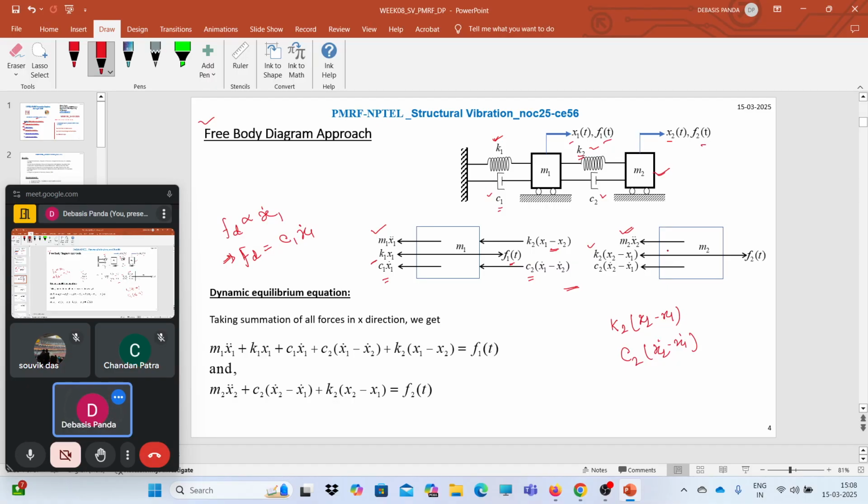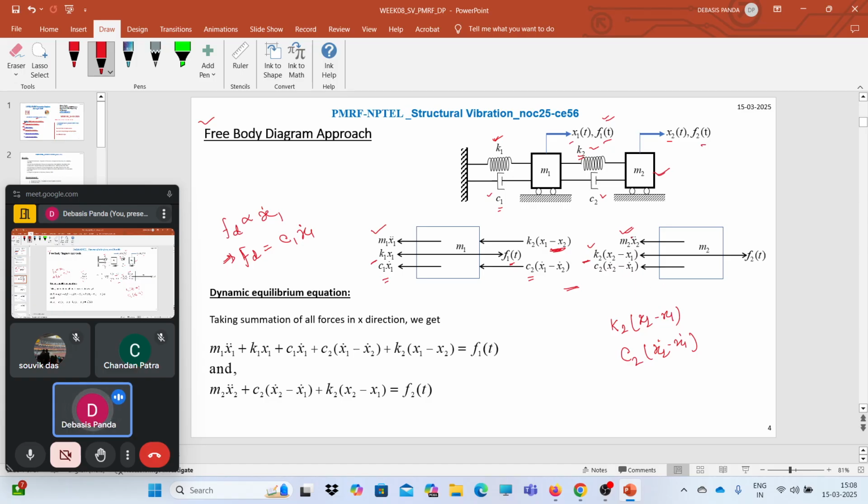Now when you add them up, you will see that the damping and stiffness terms that arise due to the relative displacement of these two masses will cancel out, and we will be left at that node with this force F1, right? So the free body diagram is completed.